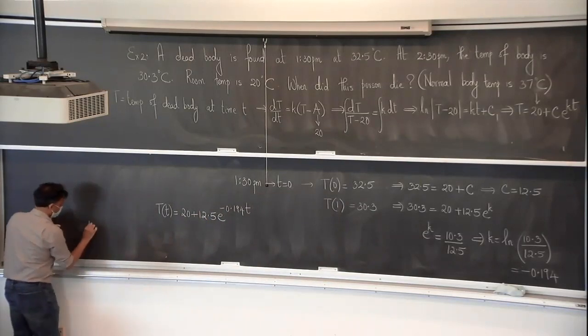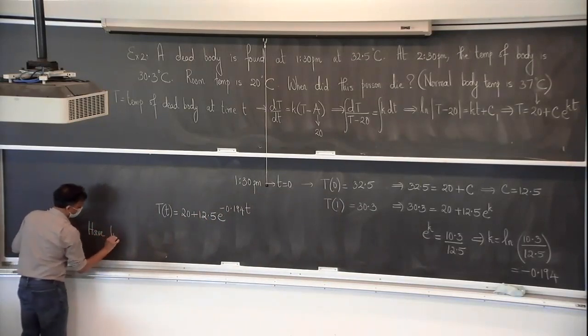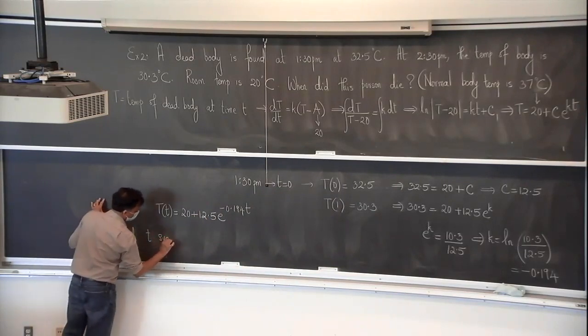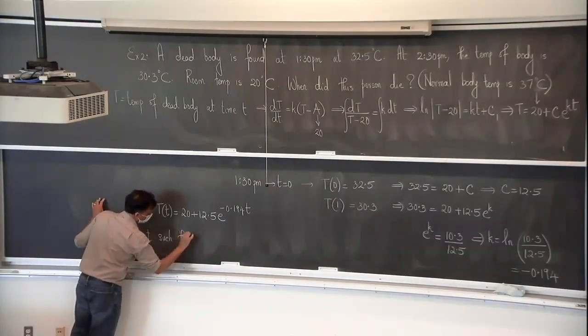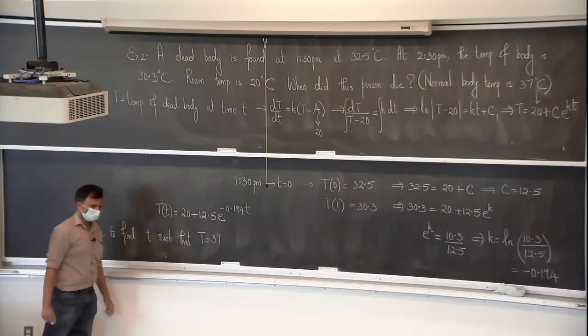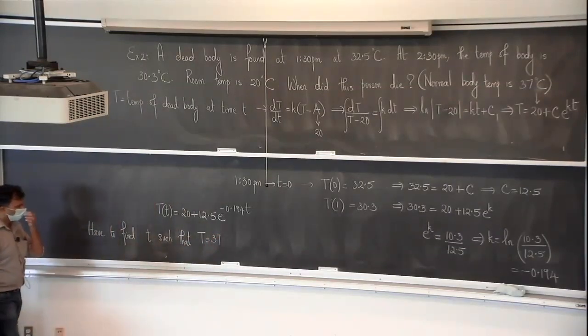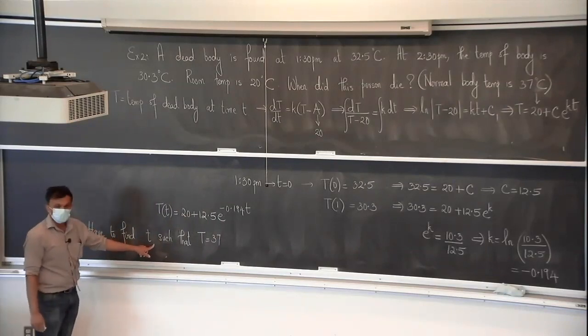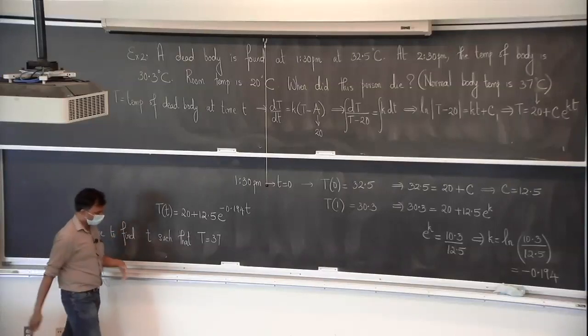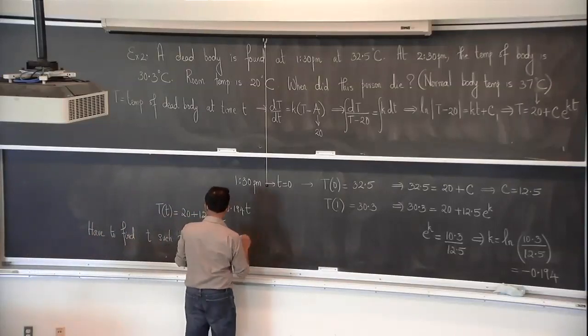So we have to find t such that T of t equals 37. Now that answer is going to come out as negative because we started at t equal to 0. Okay, so anything in the past should come out as negative.